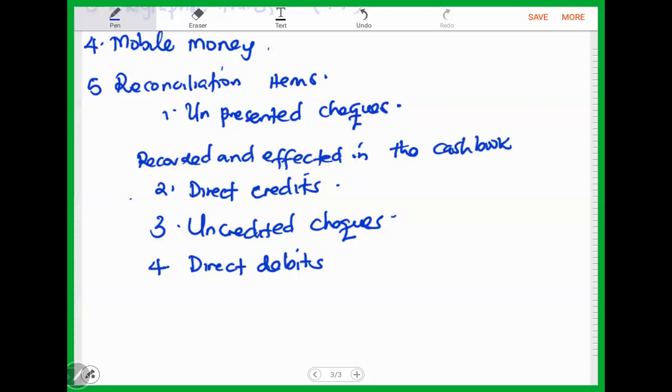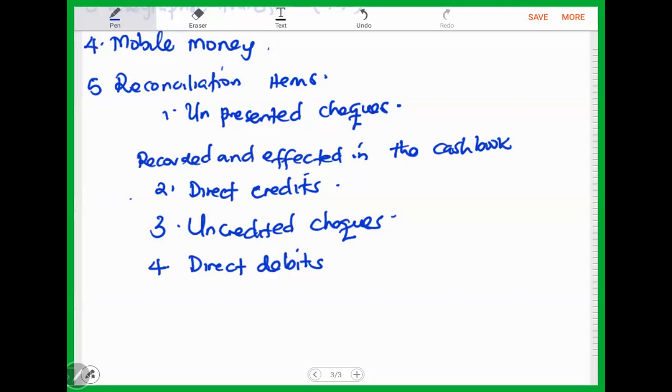Direct debits are similar to direct credits, where money is deposited into our account. There are cases where money will be removed from our account without our notice, for example bank charges. So direct debits are payments made directly by the bank, since no check is written for such payment. For example, we have what we call standing orders.